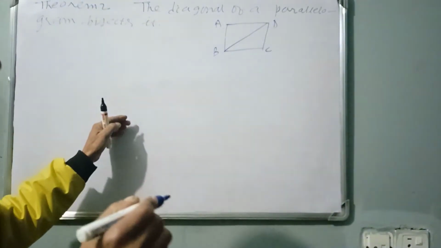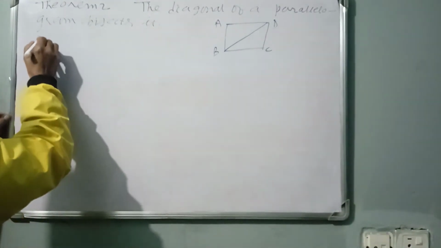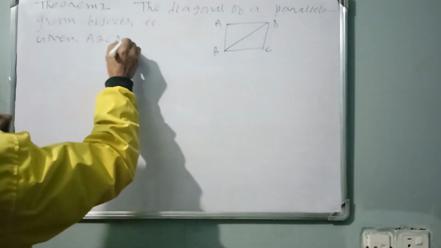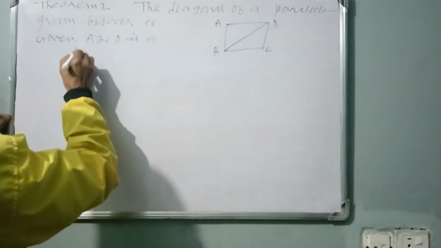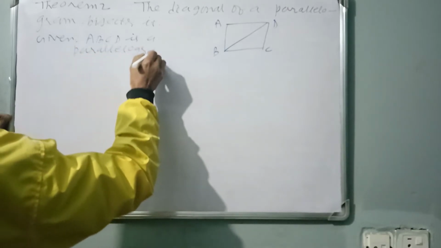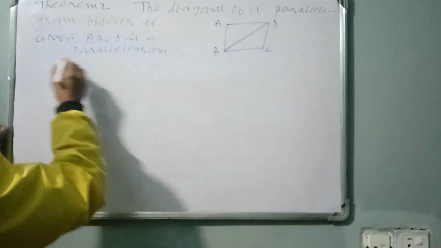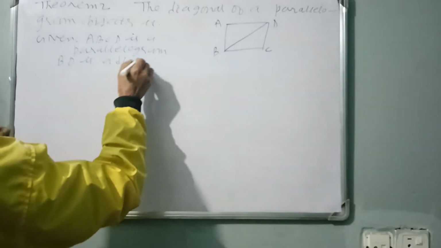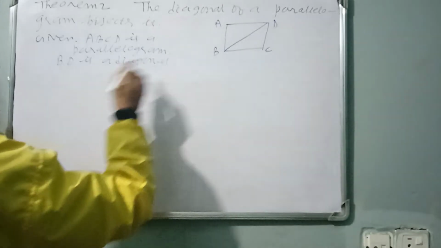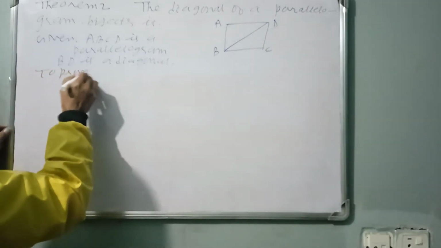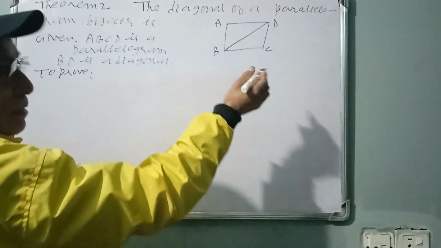One diagonal is enough. What is given? The given condition is ABCD is a parallelogram. BD is a diagonal. What is to prove? This diagonal BD bisects the parallelogram.